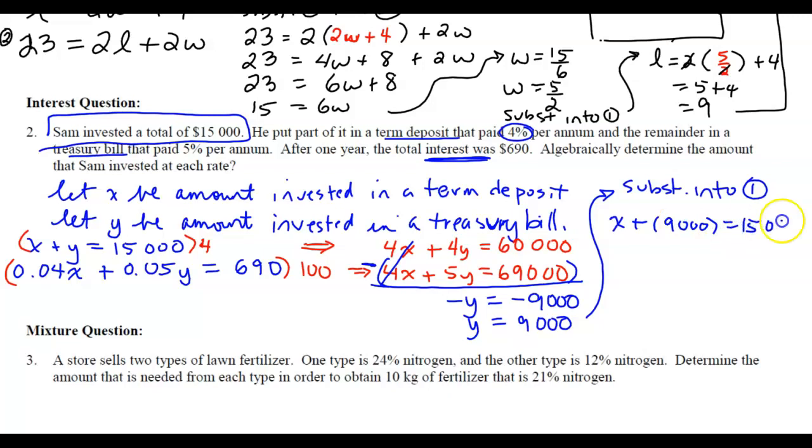Which is 6,000. Okay, then your statement answer. So this is Sam, right?